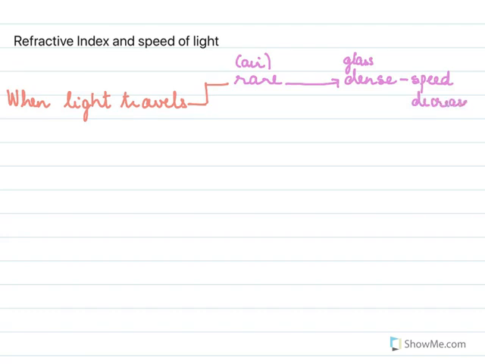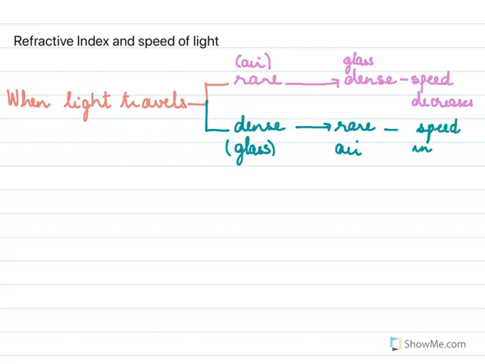On the other hand, when light travels from a dense medium to a rarer medium, like from glass to air, the speed increases. So during refraction, the speed of light changes.